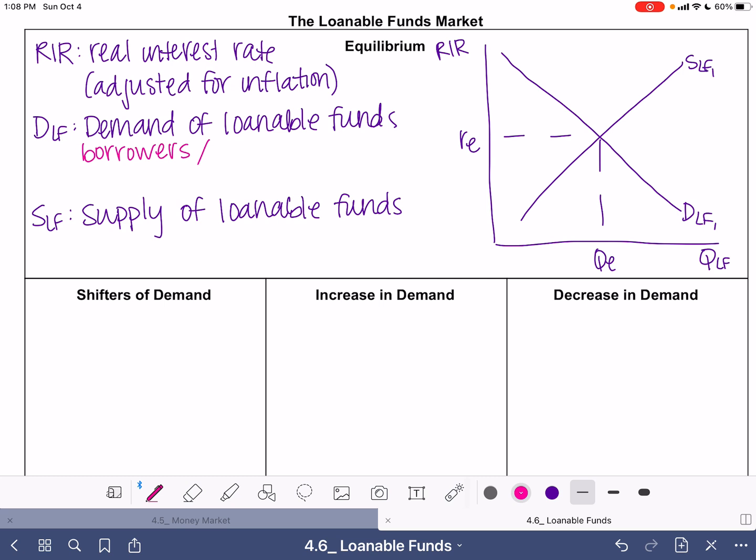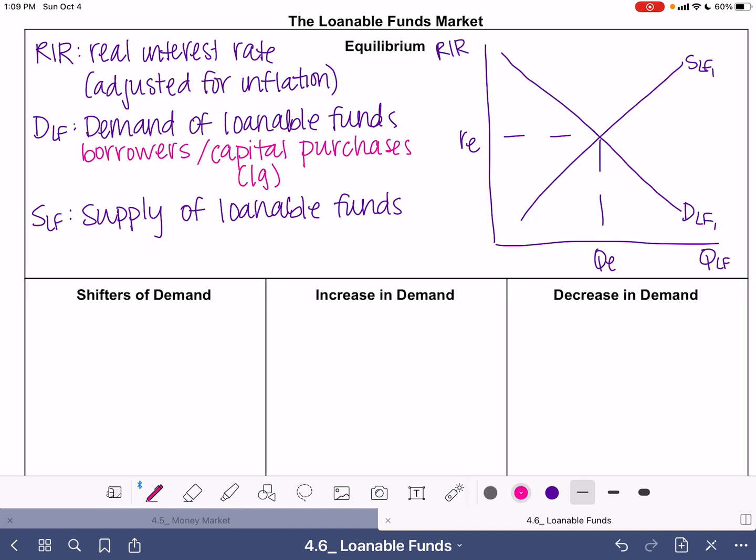This is going to be for our capital purchases. Remember, capital purchases, this is our investment spending, our IG spending.